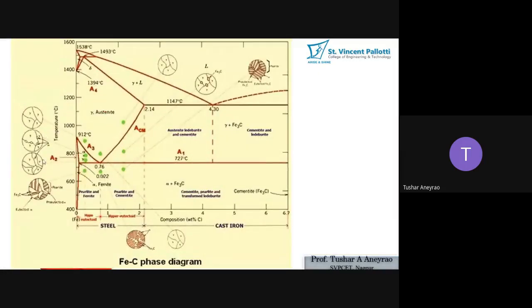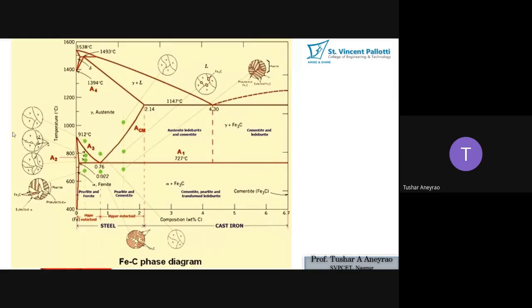You should understand that from 0% carbon to 2.14% carbon, whatever the mixture of iron and carbon is there, that is termed as steel. It is ductile and malleable in nature, and it also has strength.